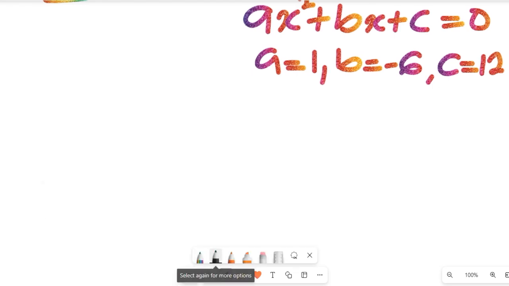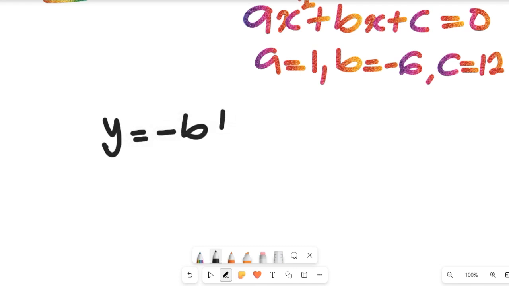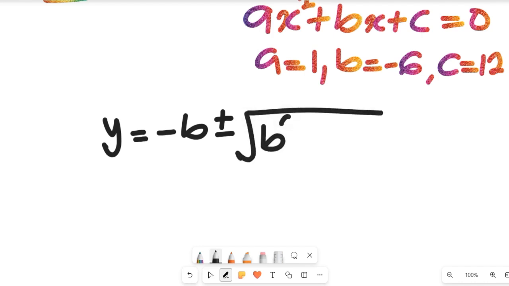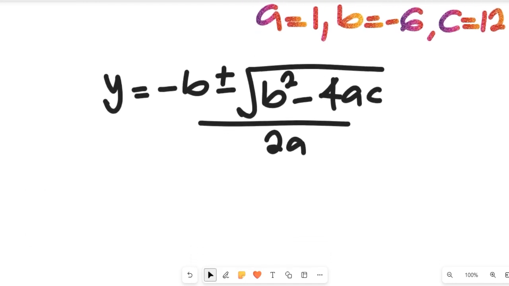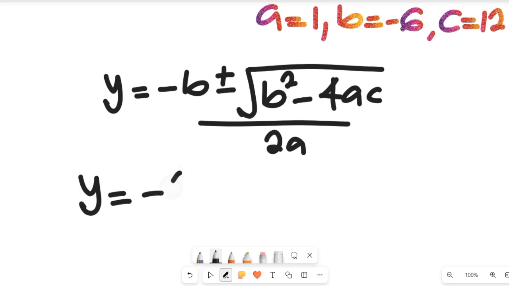From the quadratic formula, we can see that the value of y will be equal to negative b plus or minus square root of b square minus 4ac divided by 2a. With the values of a, b, and c inserted into the expression, the value of our y will be equal to negative multiplied by negative 6, right?